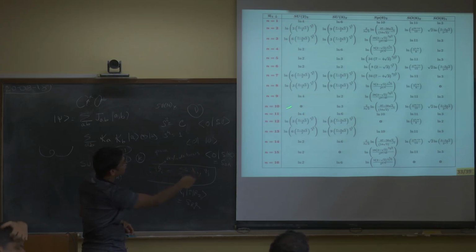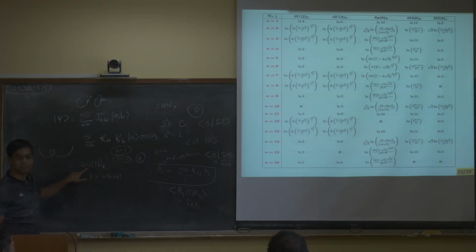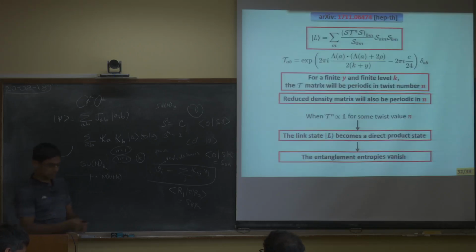The periodicity is 10. For n equal to 10, the entropy becomes 0 and then starts repeating. So for SU2 at level 3, the periodicity is 10. In general, for the SU(N) group with level k, the periodicity follows this pattern. The entropy becomes 0 when the T to the power n matrix becomes the identity.